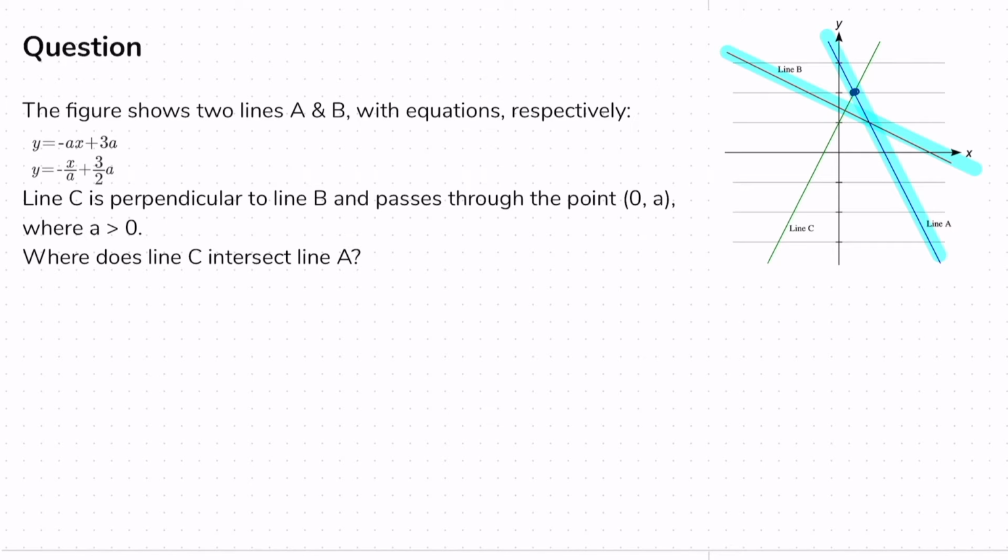So the way we're going to do that is we're going to try and find what A is, and the reason I want to find A is because it's telling me that line C is perpendicular to line B and passes through point (0, A), which is there. That's (0, A), and we can see that that is in line with that value there.